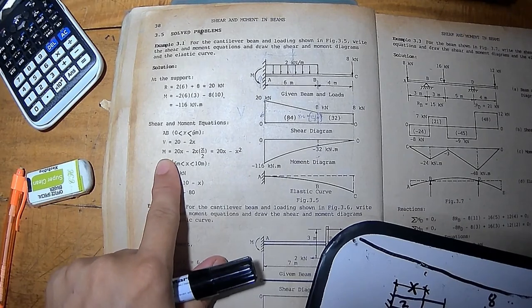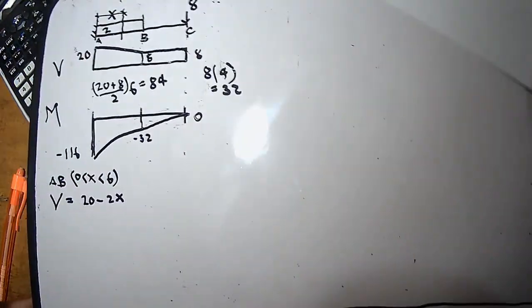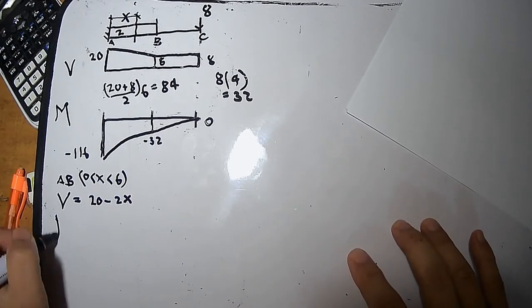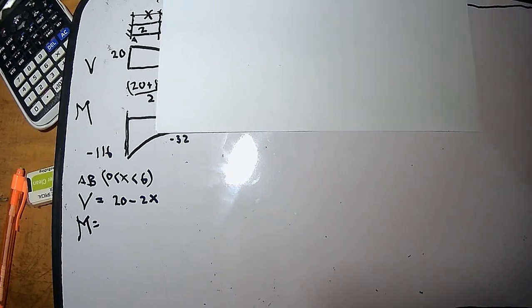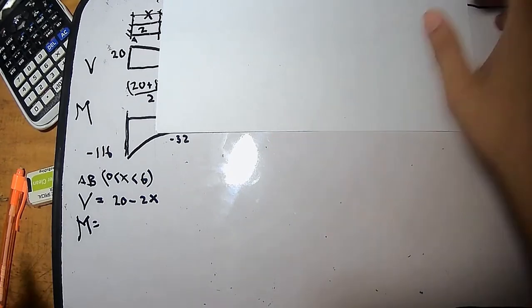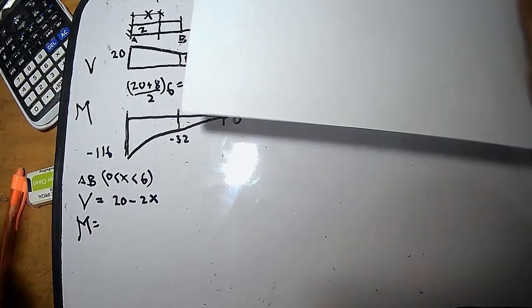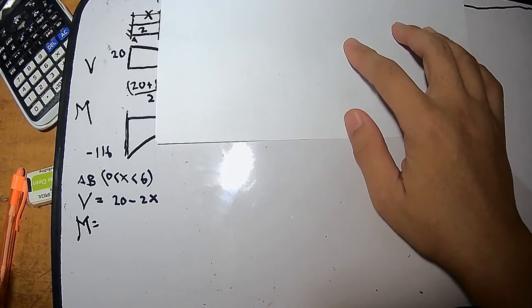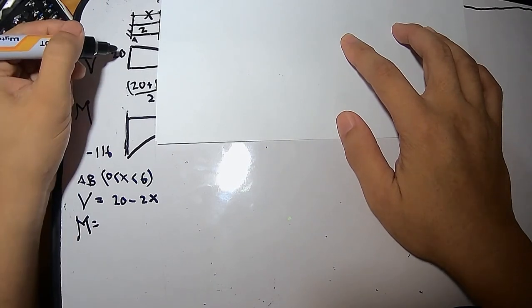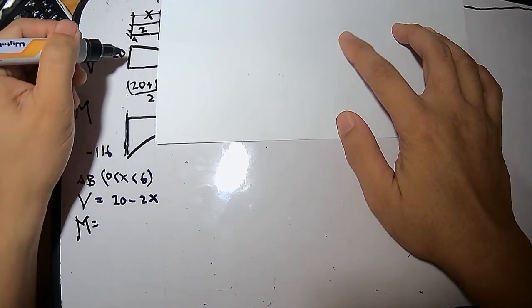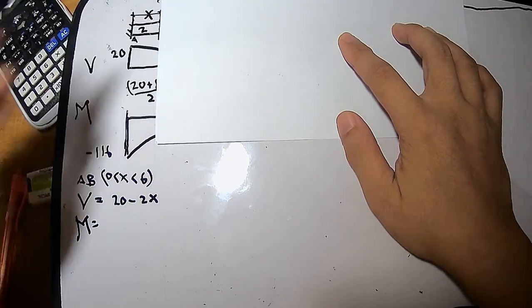Next, we now compute the equation for moment. Same thing, you cover everything on the right and consider only on everything on the left. So meron tayong reaction na 20. And remember na si 20 would cause a clockwise moment. So, positive siya.